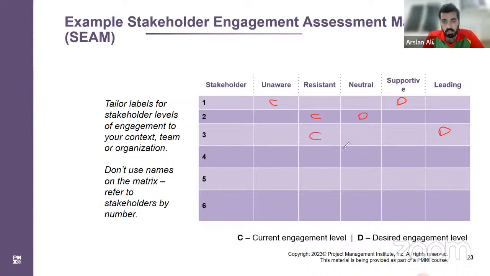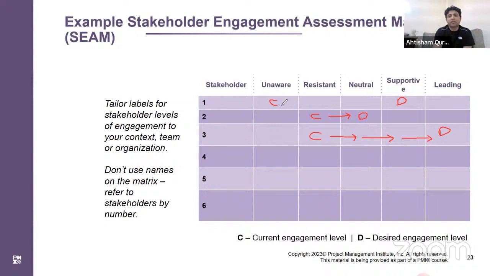This means a lot of work, because I need to neutralize him first, then make him supportive, and then ultimately make him leading. It's a hard job. I may have to work double compared to someone I only need to neutralize.